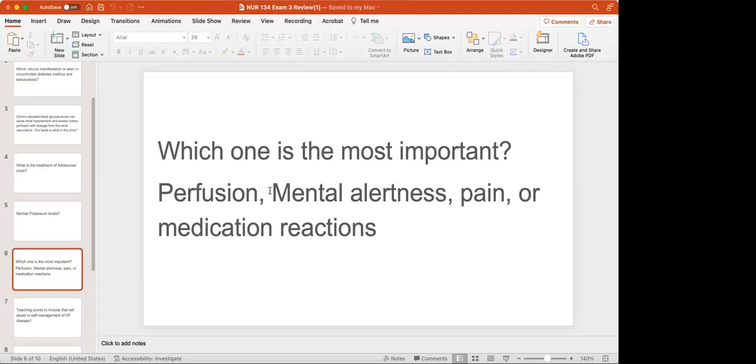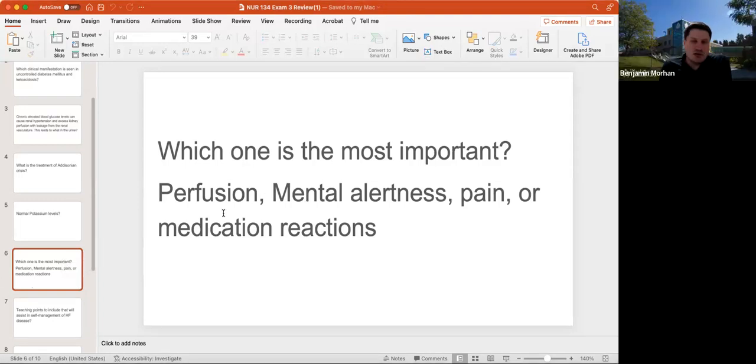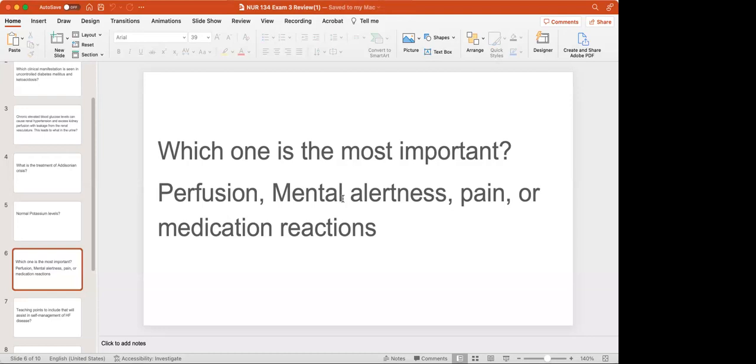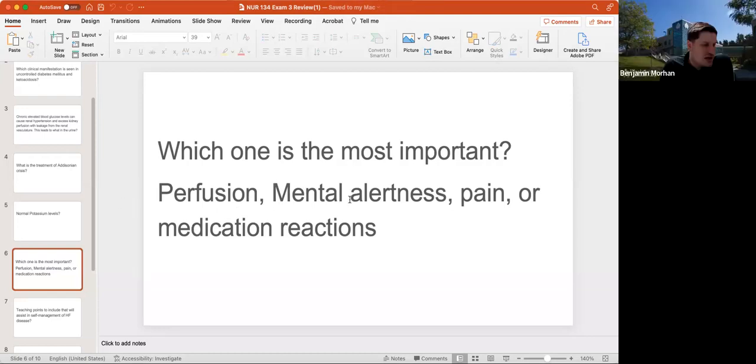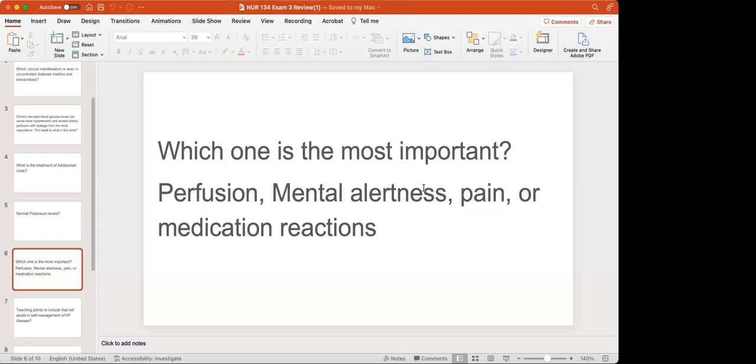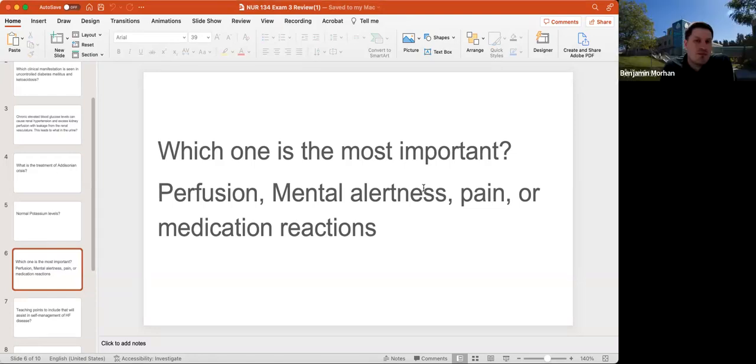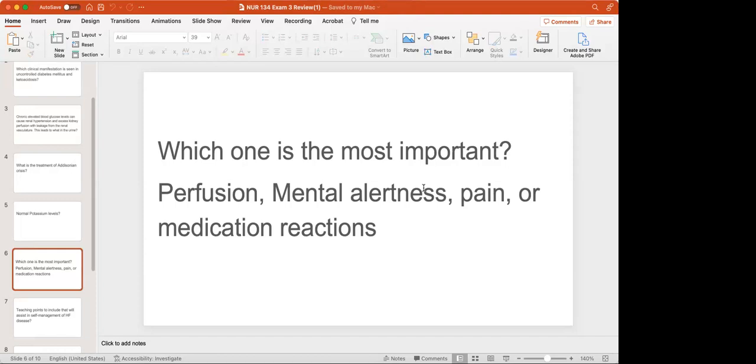Okay, so this question now, which one is the most important? I have perfusion for this. Yes, it's always perfusion. And we talked about MAP, and MAP is what? MAP is the level of perfusion that the patient is in at the time the blood pressure is being taken.